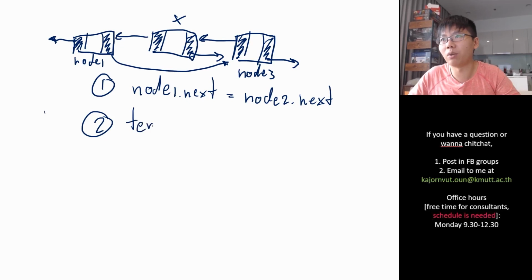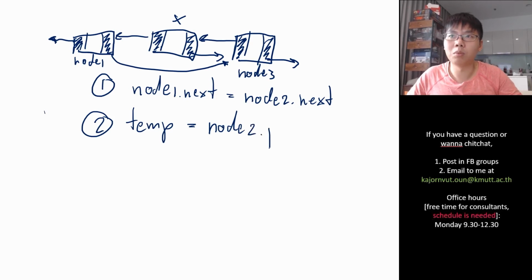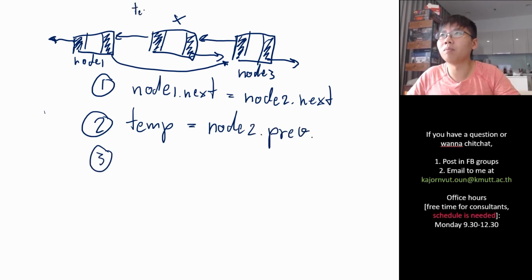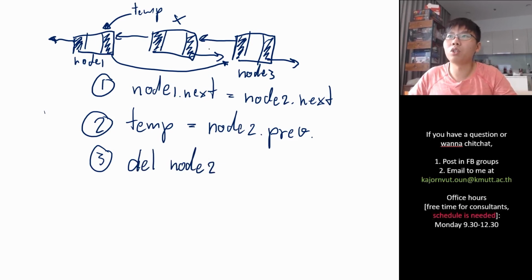is you create a temp pointer. Temp equal to node 2.previous, and then you delete. This way temp points here, right? And then you delete node 2, which you can do because you have a pointer from node 3 that points back here.